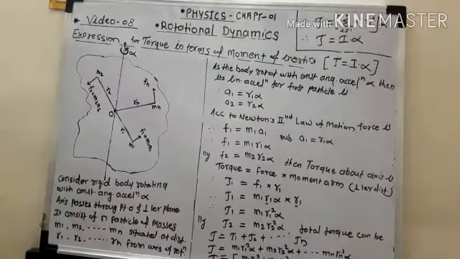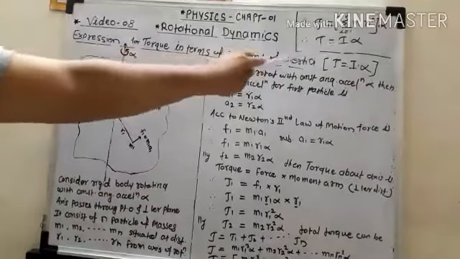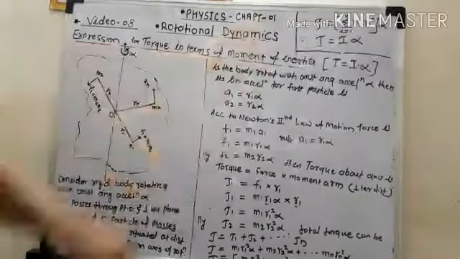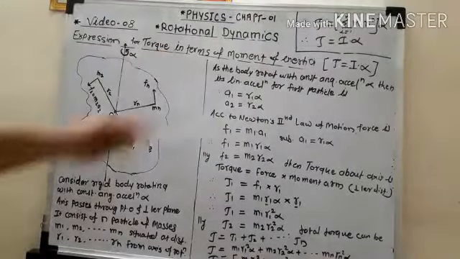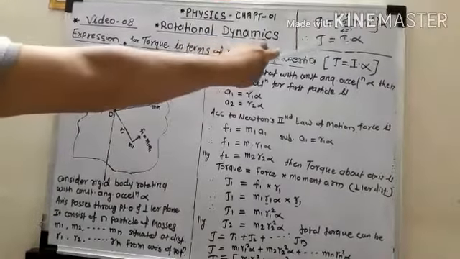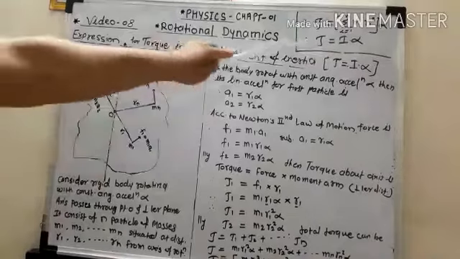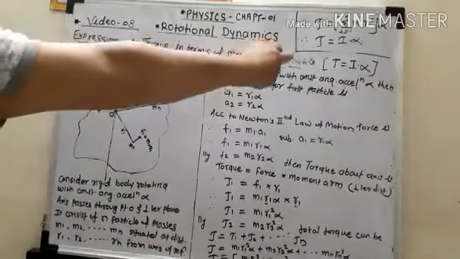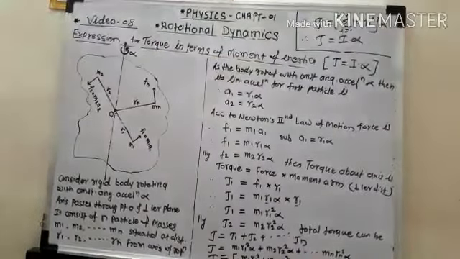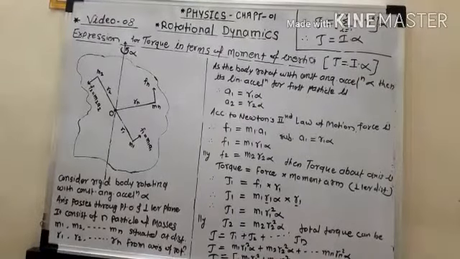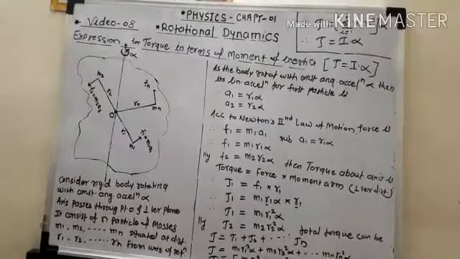This is denoted by the letter I. Therefore, τ is equal to I into alpha, and this is the expression for the torque in terms of moment of inertia, and also the relation between torque and the angular acceleration alpha. τ is equal to I alpha. This is a very important form in rotational dynamics.